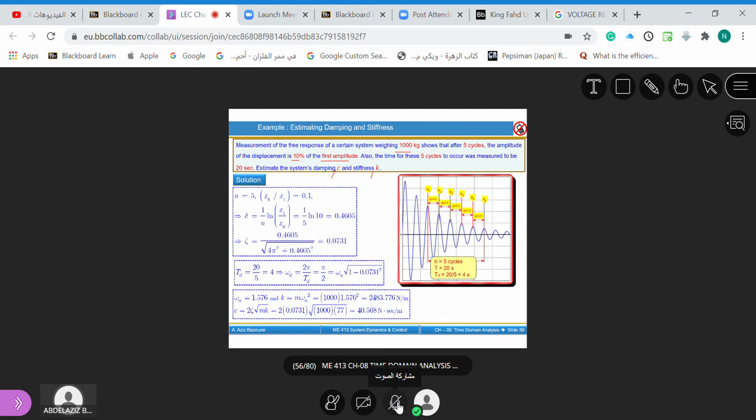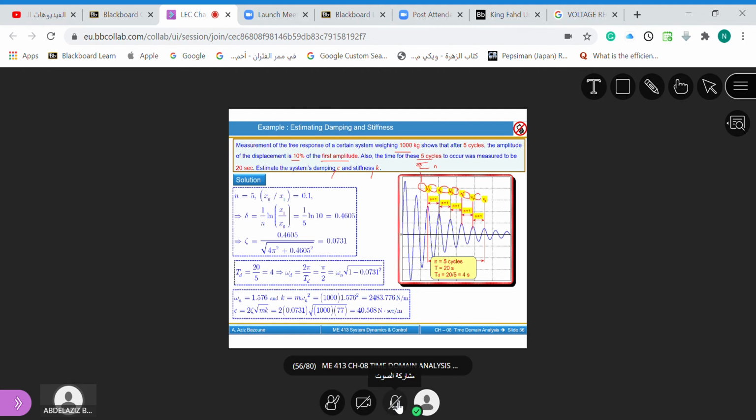So we will use this one here. If you see, N is equal to 5 cycles. So this is N. And now we will see, Shabab, from any point we can start. We can take this one as X1, X2, this is one cycle, X3, this is another cycle, X4, another cycle, X5, another cycle, and X6, another cycle.